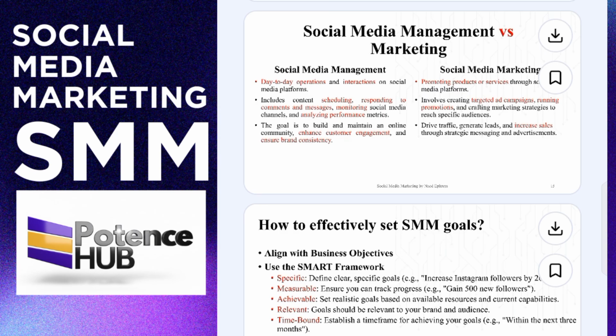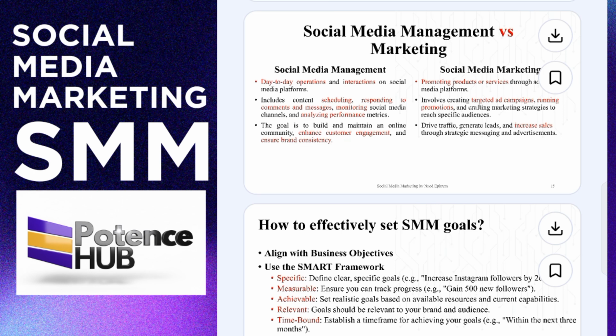Now, the next one is that management includes content scheduling, reporting, responding to comments and messages. These are the managerial aspects of it. Why this one involves creating targeted ad campaigns, running promotions, and crafting marketing strategies to reach a specific audience. Are we together now?